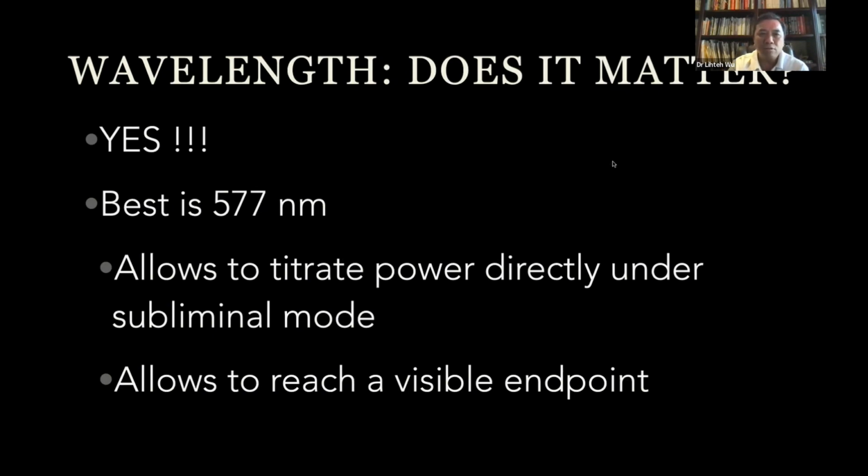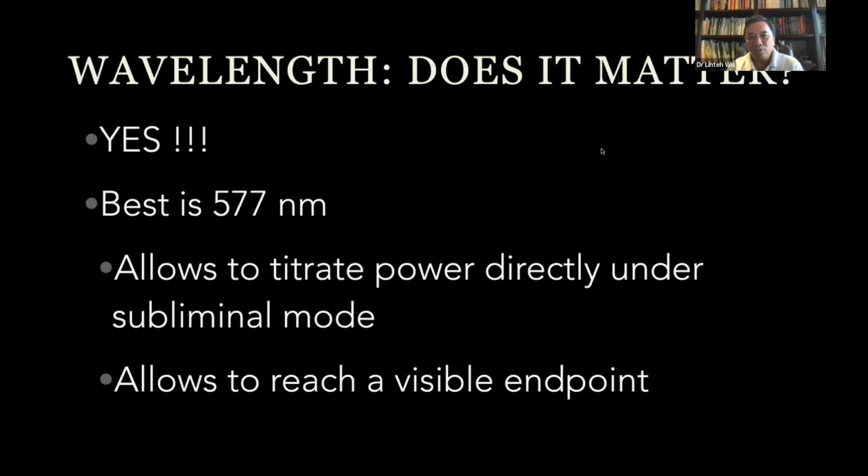But in essence, the first micropulse lasers that were created were 810 nanometers. And because it was 810, it was really hard to titrate the power under micropulse mode, and that made it so that you had to take an extra step: titrate under conventional photocoagulation mode, and then turn it down to micropulse.